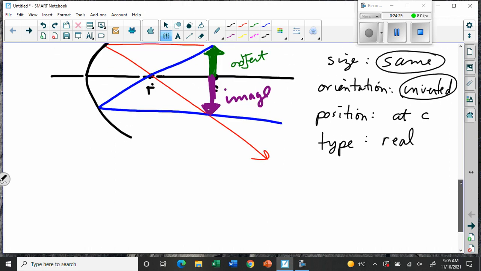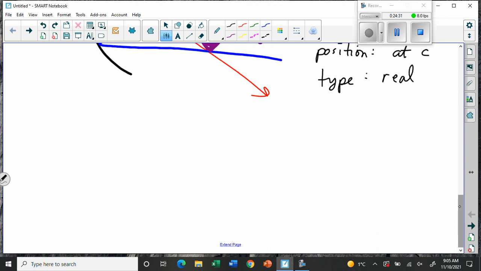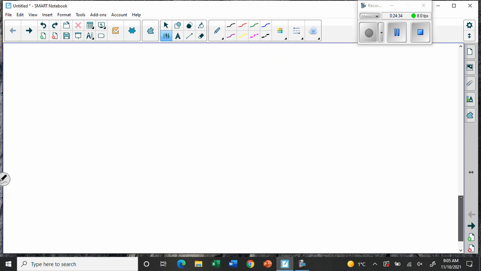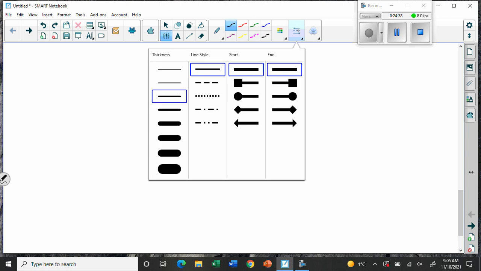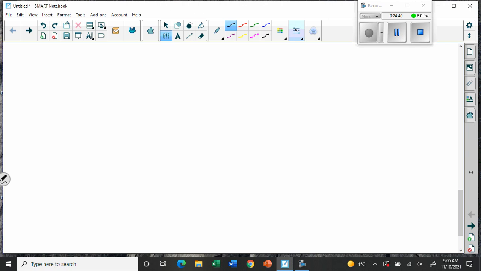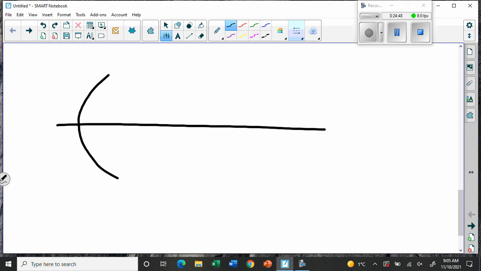Okay, let's draw another one. This time we'll move our object between F and C. And this time I'll be more careful about drawing my mirror so that we don't get this. Okay, so we'll draw here a line. And it's really this curve that is the problem. I think that's a little better. The vertex should look like it's right in the center of the curve, right?